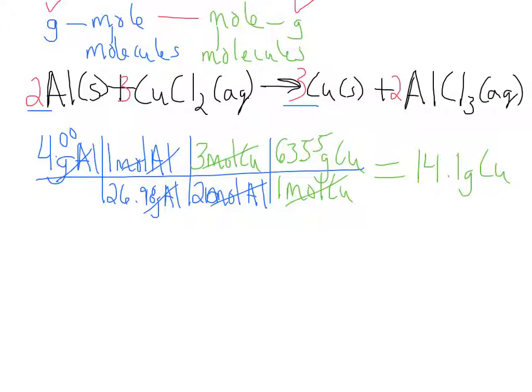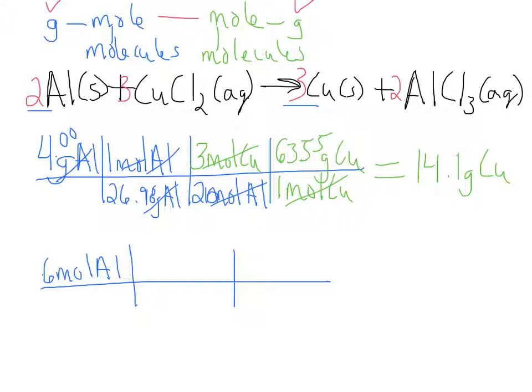Okay, let's say we start at a different place. Let's go ahead and start with moles of aluminum. So let's say 6 moles of aluminum, and what we want to do is convert that into molecules.